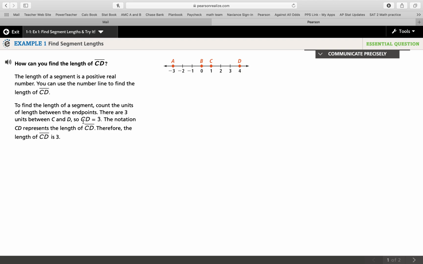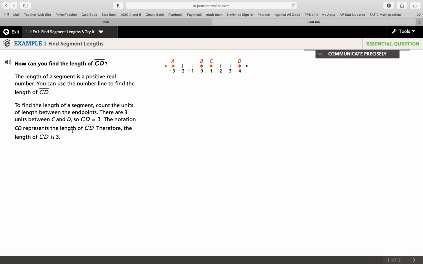So you'll see that CD equals 3. So now I'm putting it into an equation. CD equals 3. So when you go from just talking about line segment CD to then going into an actual measurement of line segment CD, you can drop the bar above it and say CD equals 3.